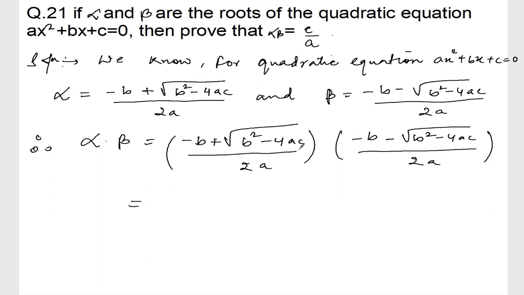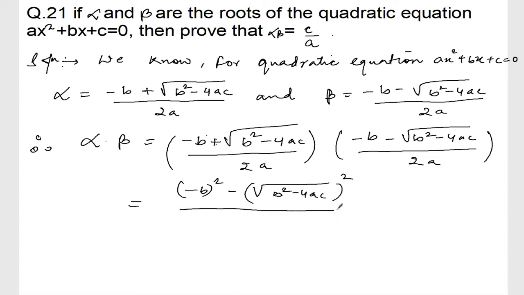So if you multiply these two, taking this as a plus b into a minus b, we can write it as minus b square minus root over b square minus 4ac whole square, divided by 2a into 2a, that is 4a square. Minus b square minus square, and the root cancels. So what remains inside is b square minus 4ac divided by 4a square.